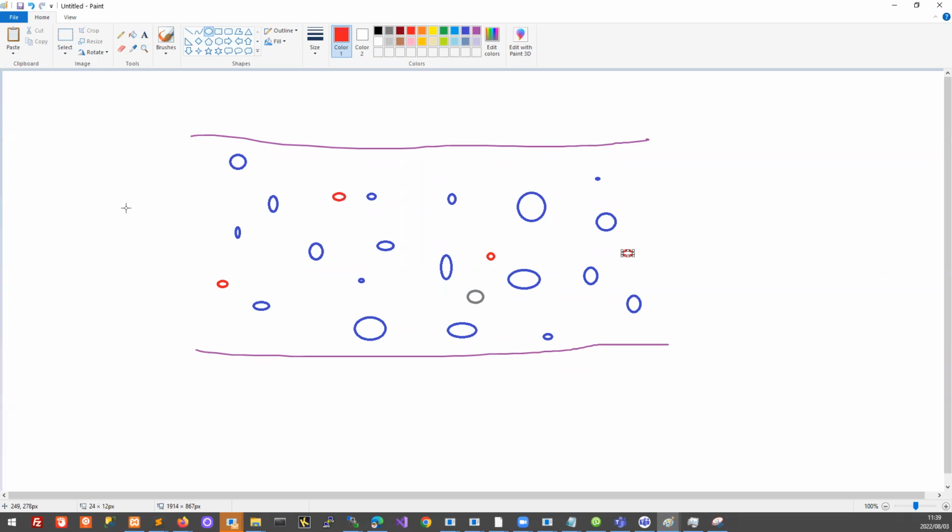So if component B is not in motion, and only component A, so let's say B has no gradient, right? So B is flatlined. So there's B. And then let's say A has some gradient. So A has some kind of gradient like that. Then we can say NA is non-zero, whereas NB is 0.